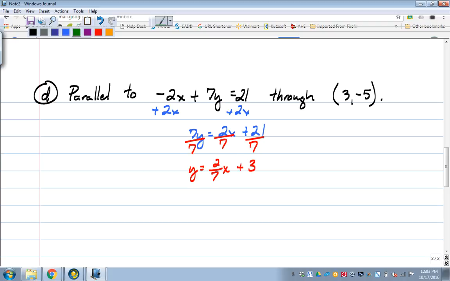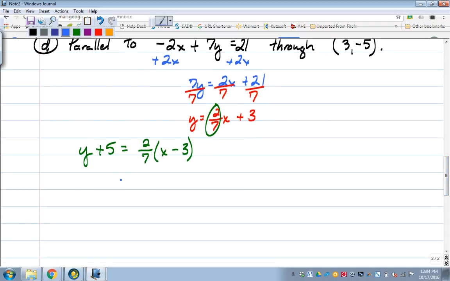What part of that do I need? The slope. That's the only part I need is the 2/7. Okay. So can I go straight to slope-intercept form with this one? No. Why not? Zero not in the x position of the ordered pair. So I got to go through point slope form, which would be y plus 5 equals 2/7 times x minus 3.